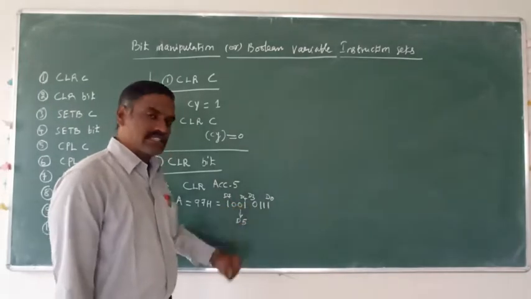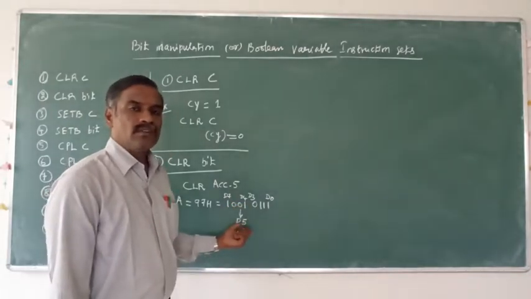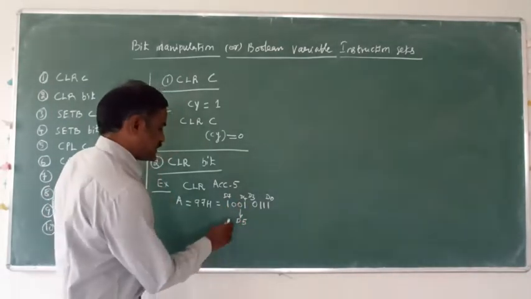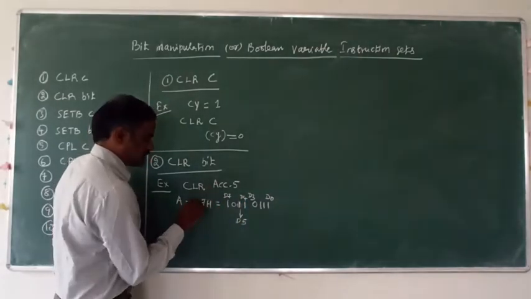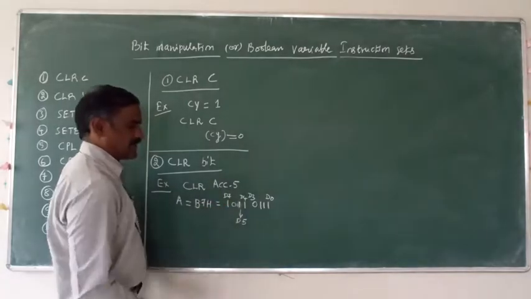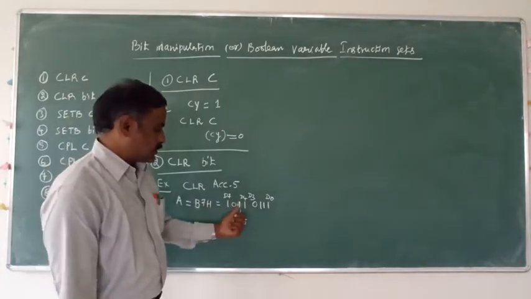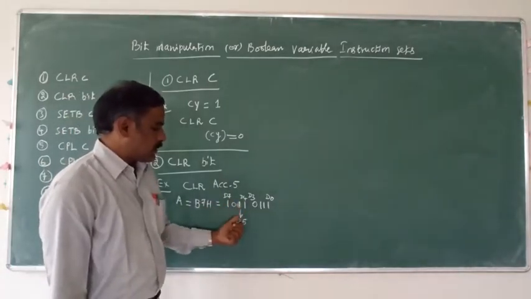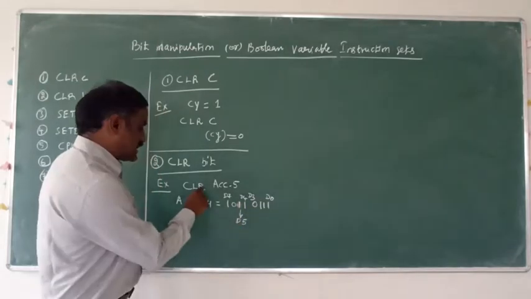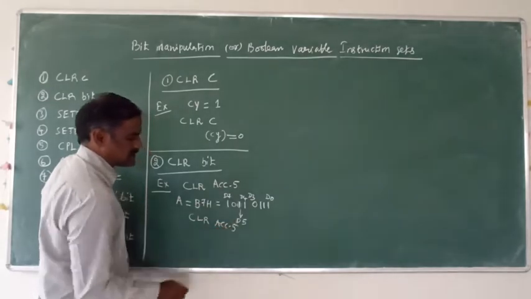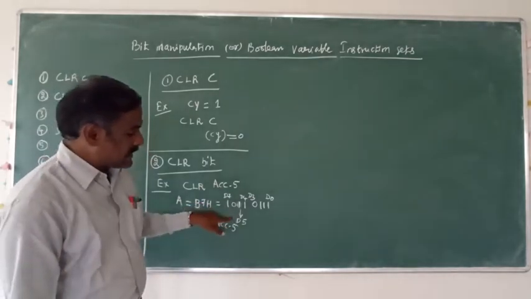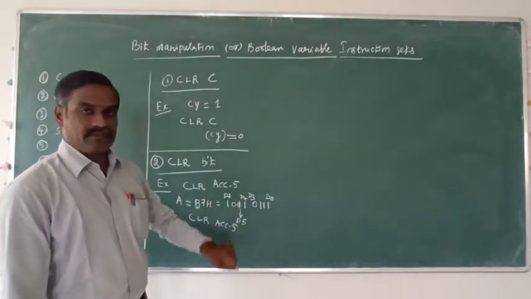Here it is already 0. Now suppose the accumulator's fifth bit is 1. After CLR ACC.5, the accumulator's fifth bit is cleared.